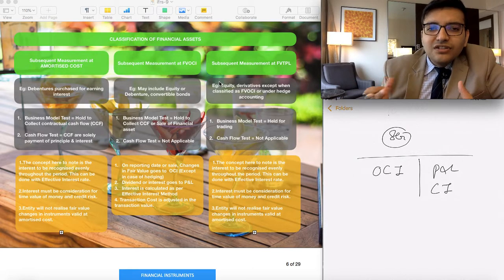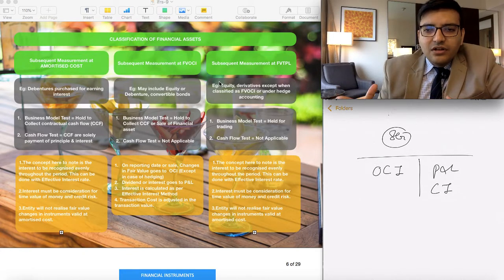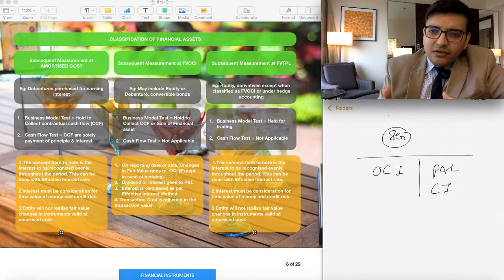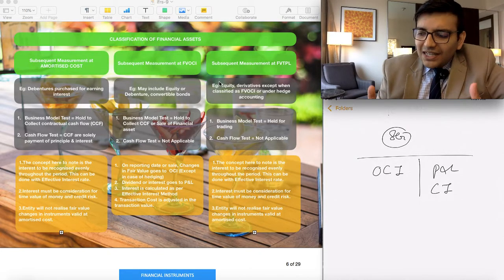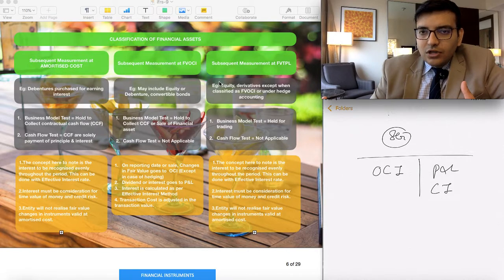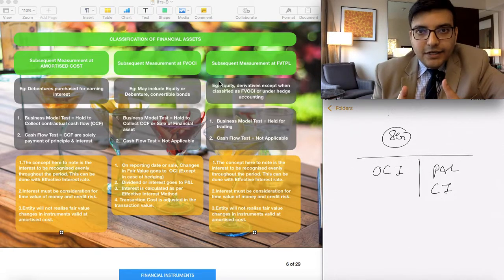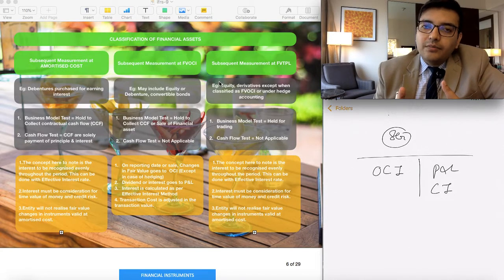So all these business decisions impact your profit, and your profit varies because of one reason or the other which is not directly related to your operational profitability. So that's why the concept of other comprehensive income was introduced, which takes into account all the other factors which are not directly related to our operational profitability, right?